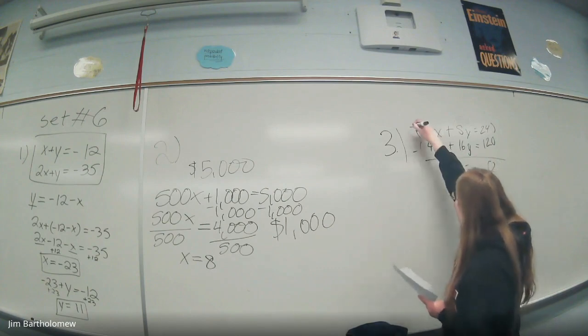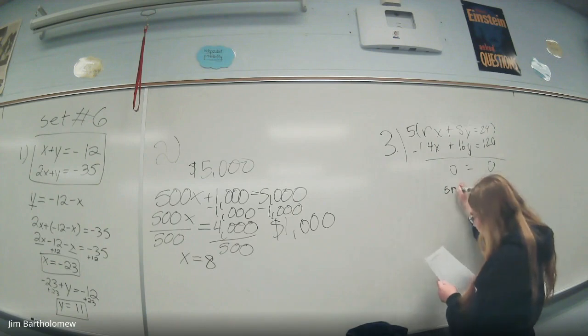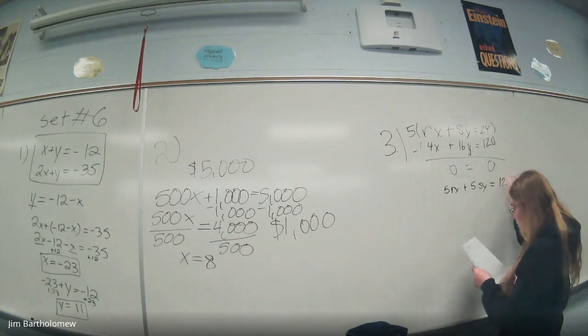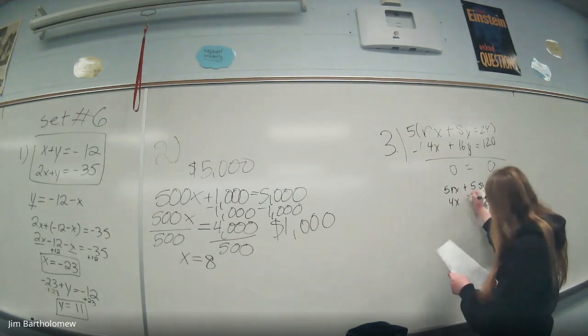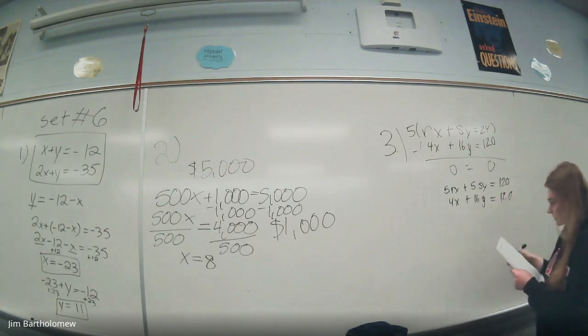So multiply the top equation by 5. Then you get 5Rx plus 5Sy equals 120. And that's 4x plus 16y equals 120.